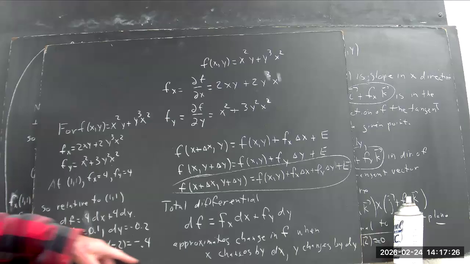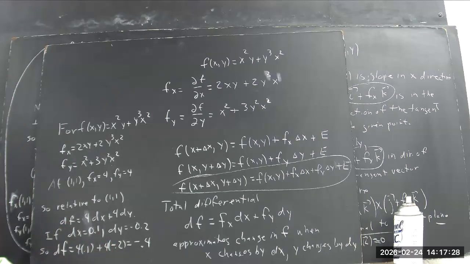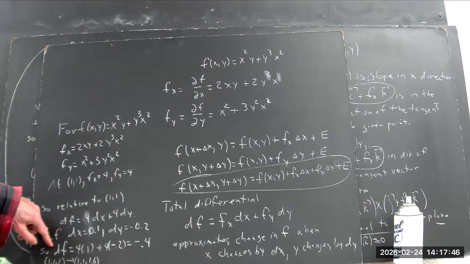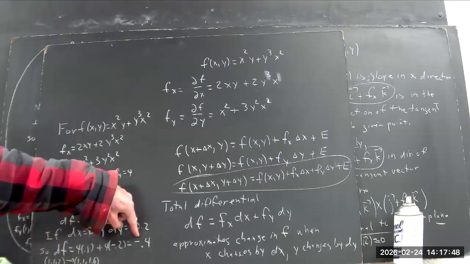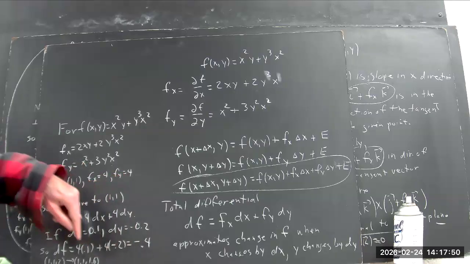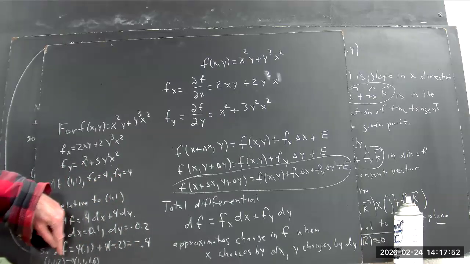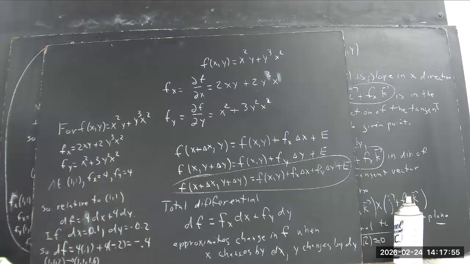And you see where those numbers came in, everything we just calculated. We go from the point 1, 1, 2 to the point 1, 1, 1.6, because df, the change in our function, is negative 0.4. The value of our function started at 2 and went down to 1.6.